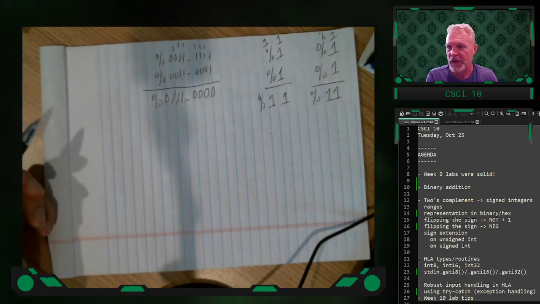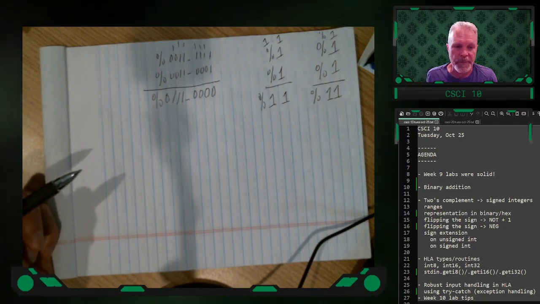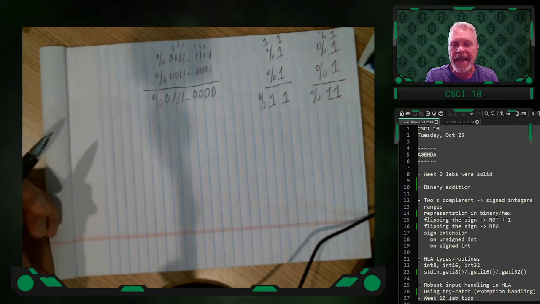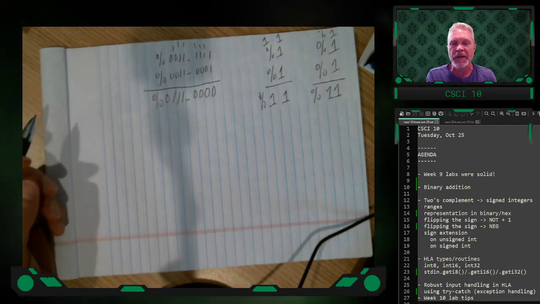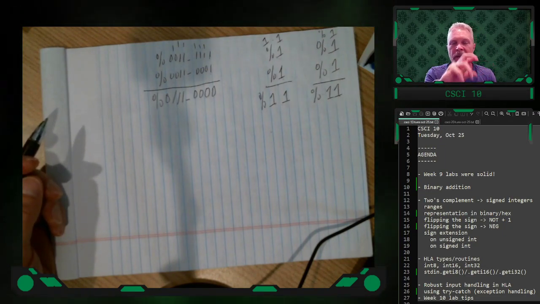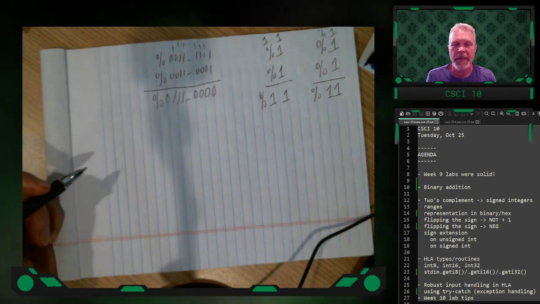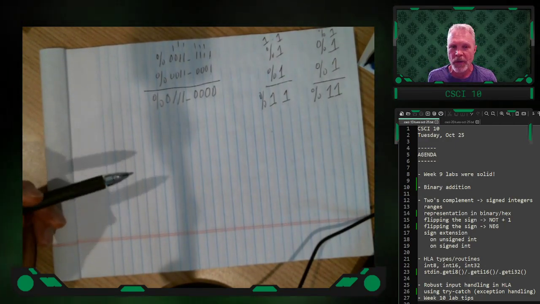How would subtraction work using binary addition? So you can negate one of your numbers. If you want to say 1 minus 1, you can just negate one of them and say, well, instead, let's do 1 plus a negative 1 and see what that result is. So we can see how that works.